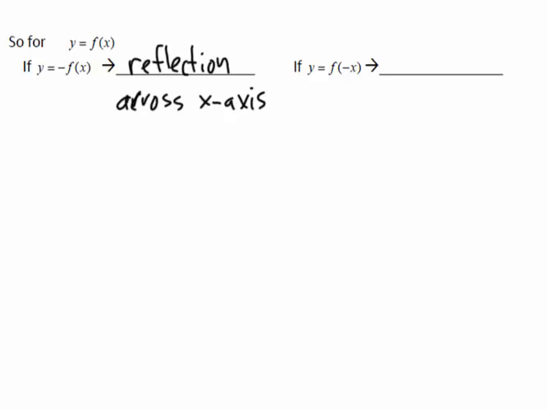Really, what have we done? We have taken all the y values and we've just multiplied the original y value by negative 1. That causes the reflection across the x-axis: changing all the y values by multiplying by negative 1.